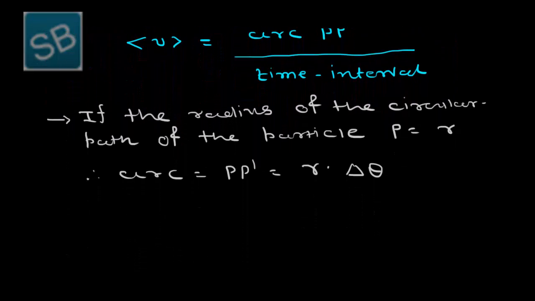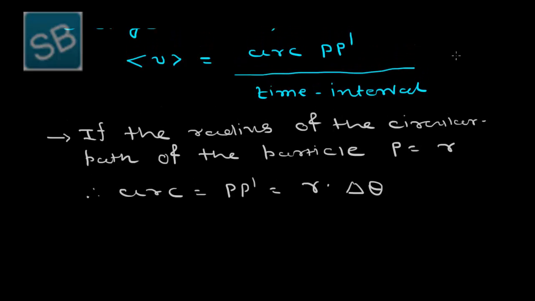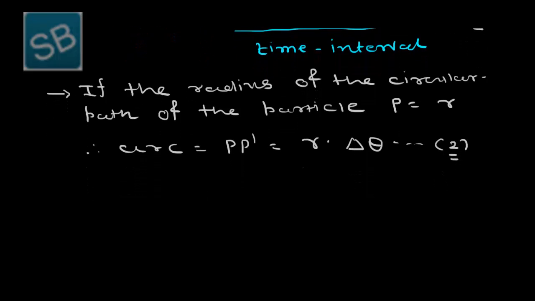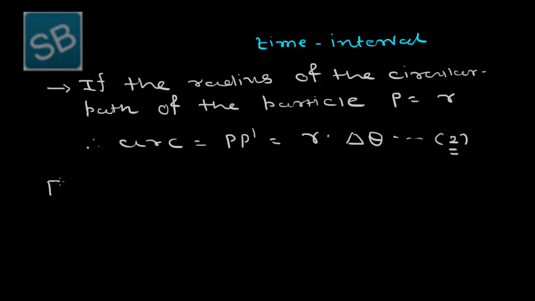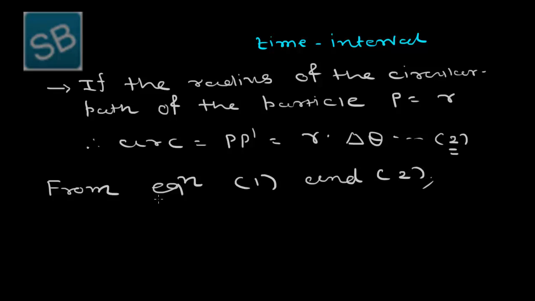So now I can substitute this value in equation number 1. So from equations 1 and 2, the average velocity v bar is equal to r into delta theta divided by the time interval delta t.